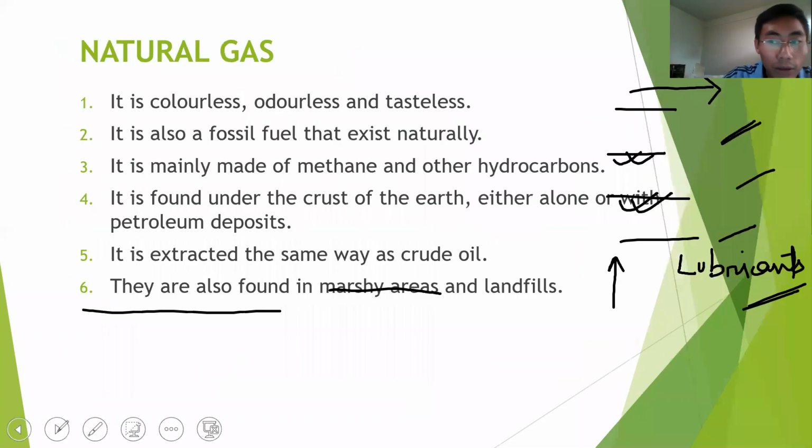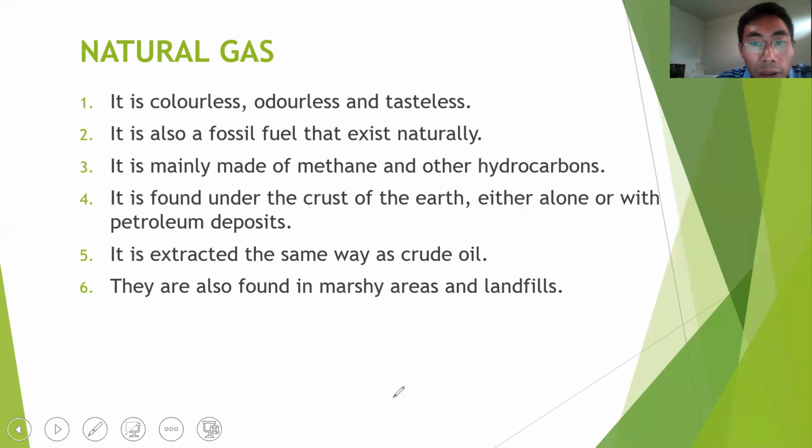Coming to the next topic, natural gas. Natural gas is colorless, odorless, and tasteless. Now, odorless meaning it does not have any smell. And it is also a fossil fuel that exists naturally. It is mainly made of methane and other hydrocarbons.